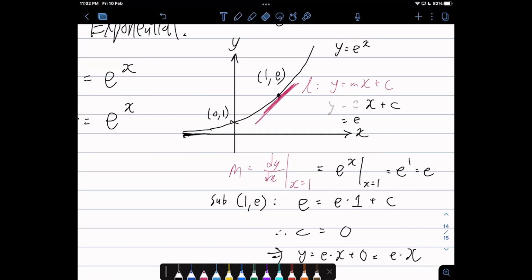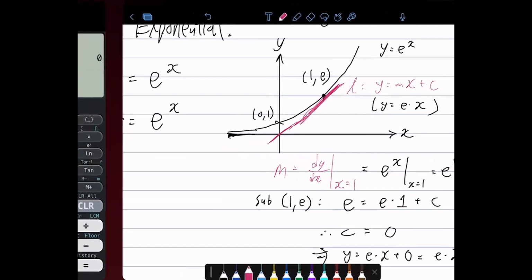I'll just write it as y equals e times x. So the graph actually cuts through the origin. Let me show you the picture.